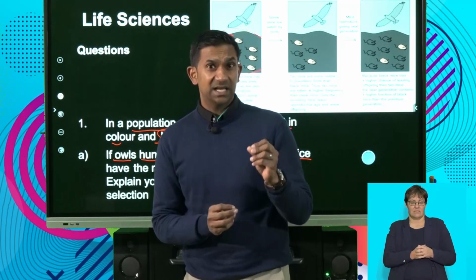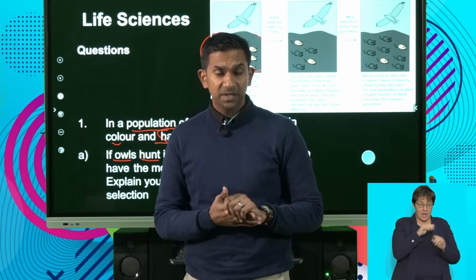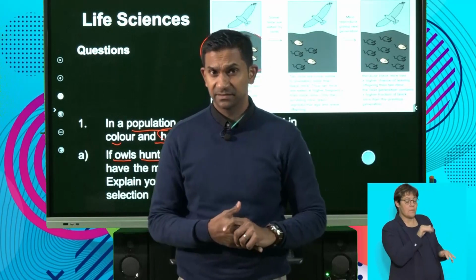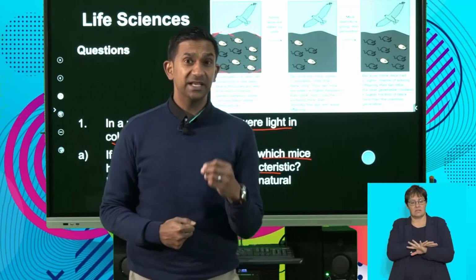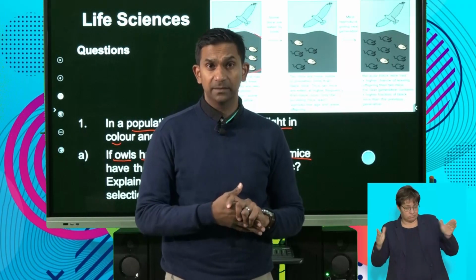An owl is a bird that preys or catches its food at night. It's nocturnal. It is adapted to being able to see better at night. However, these mice also feed at night because it's probably ideal for them to access food when many of the predators are away.